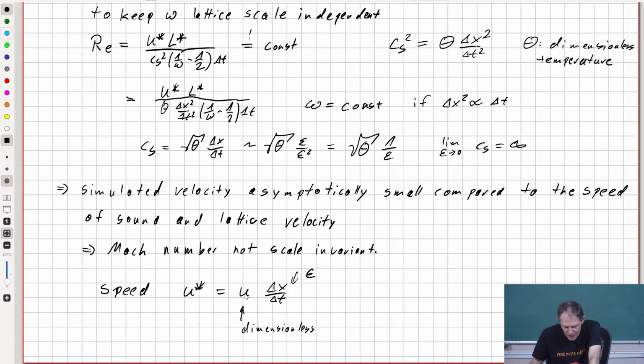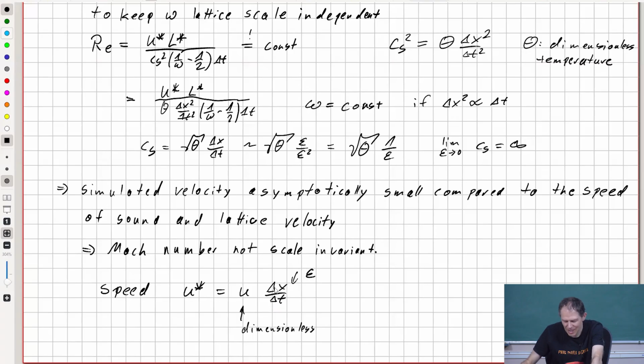Meaning in the calculation, if we have a speed of 0.1 lattice spacing in one time step, this becomes 0.1. So this is now our dimensionless velocity in terms of lattice units, whereas this is the translation factor, so this is actually delta x in meters by delta t in seconds.